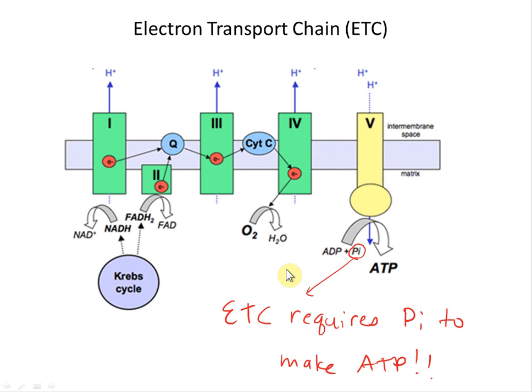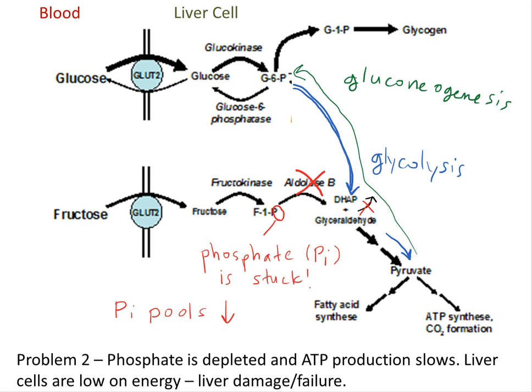Okay, so our electron transport chain cannot work as efficiently. And what that means is that ATP production slows, and the liver cells are low on energy. And this is what leads to some of the liver damage, and if lots of fructose is consumed, eventually liver failure, is that these cells don't have the energy that they need to survive. Okay.